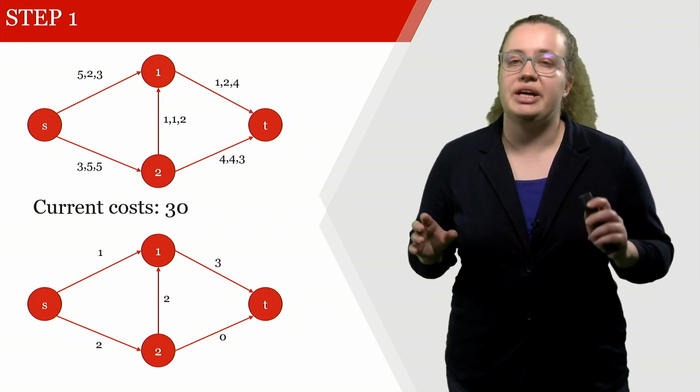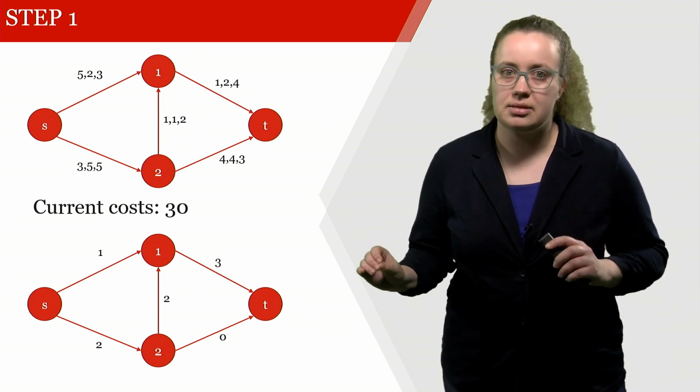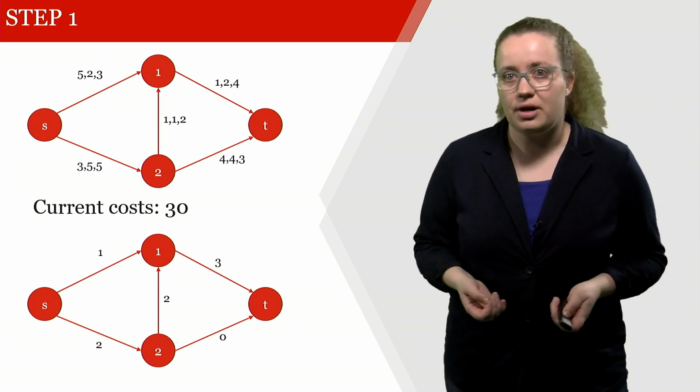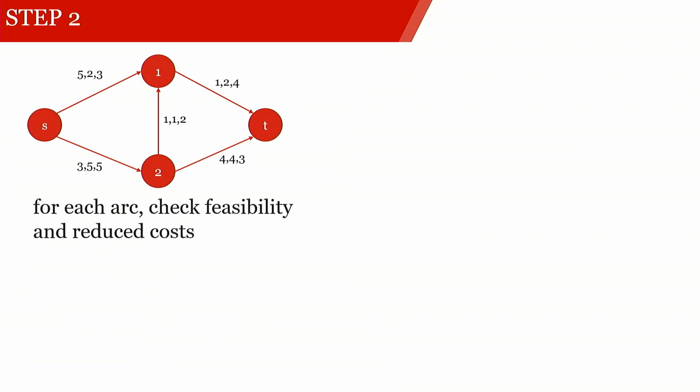Now we're checking how much we can reduce costs for each of these 5 arcs. What we're doing is we're throwing the minimum cost network flow problem for each of the setups with 1 arc less into Gurobi.